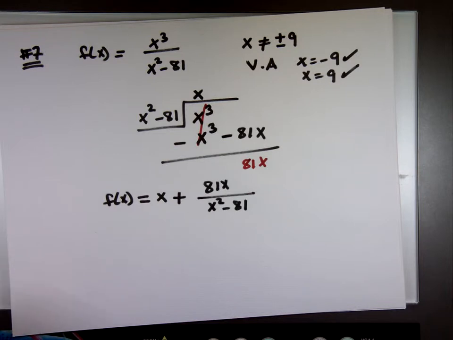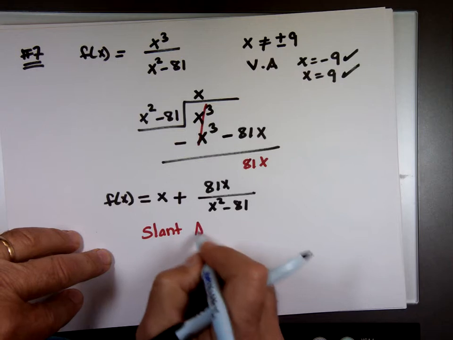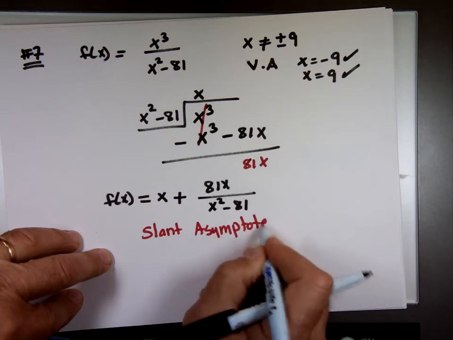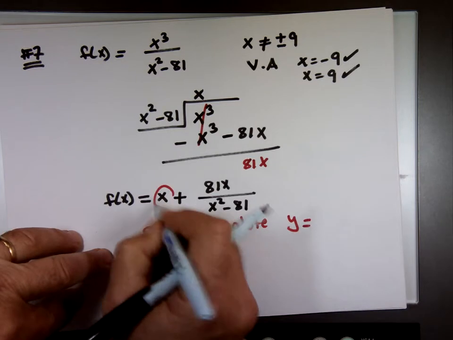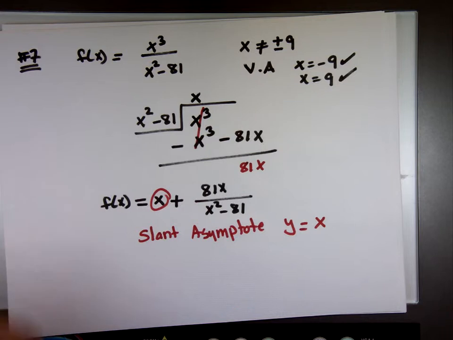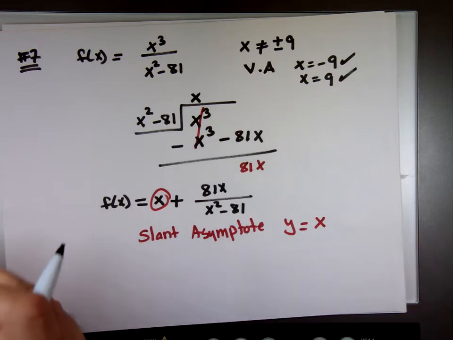And there's your slant asymptote. y equals to this one, y equals to x. So that's another question, the slant asymptote. y equals to x.